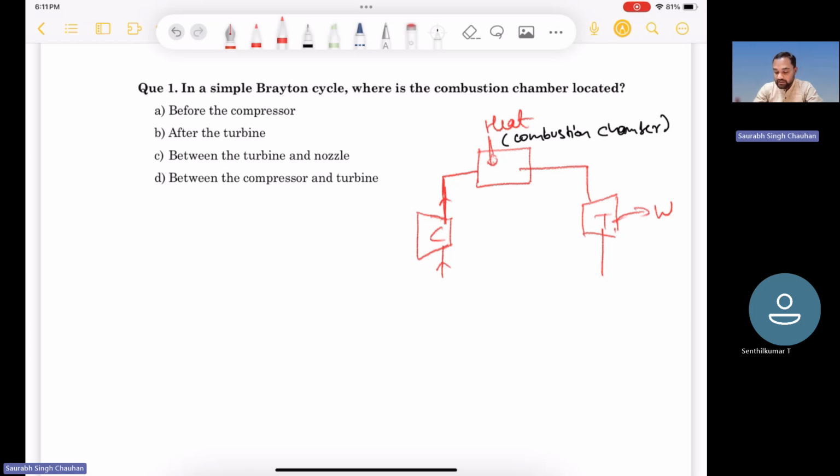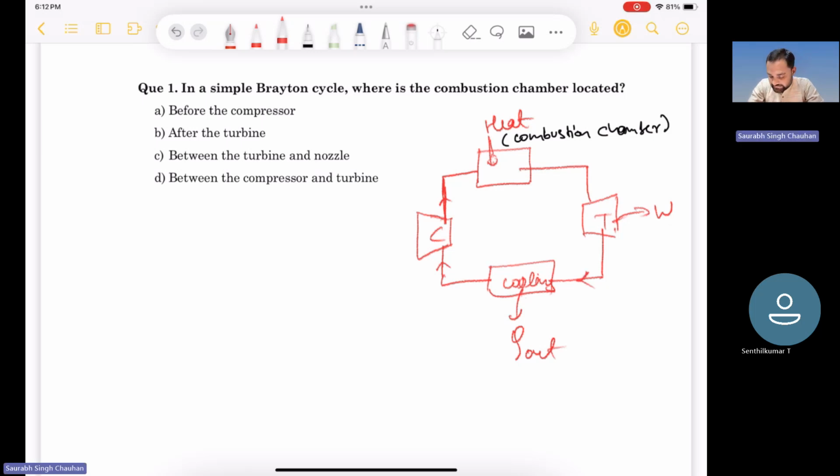But before sending to the compressor, this needs to be intercooled, or maybe I should say pre-cooled. Here it is a cooling process, so heat rejection, and then it can be recirculated to the compressor.